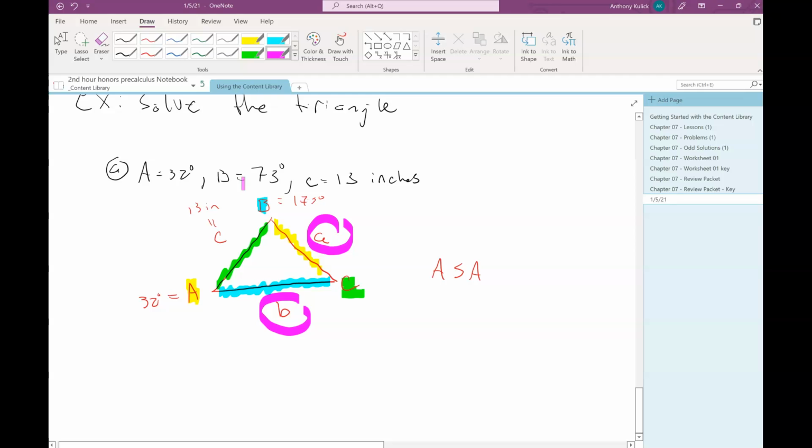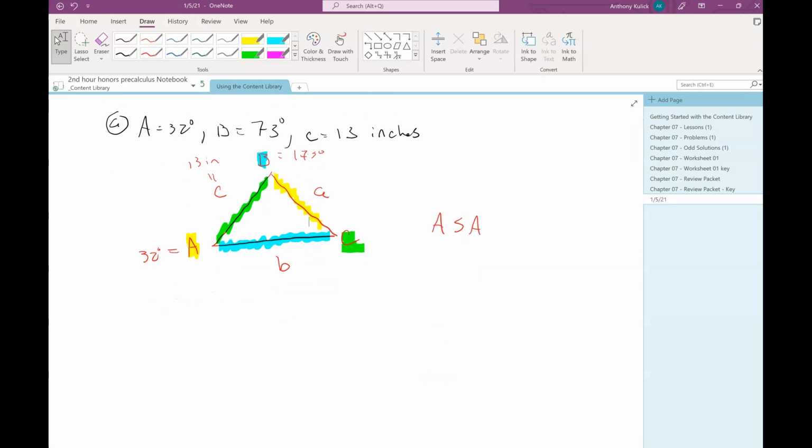We can see the difference. Important that you're able to see the difference between those, right? Particularly when choosing between side angle side and angle side angle. That's the one where it matters for sure if you screw that up, because one tells you to do law of sines, the other says law of cosines. Okay.